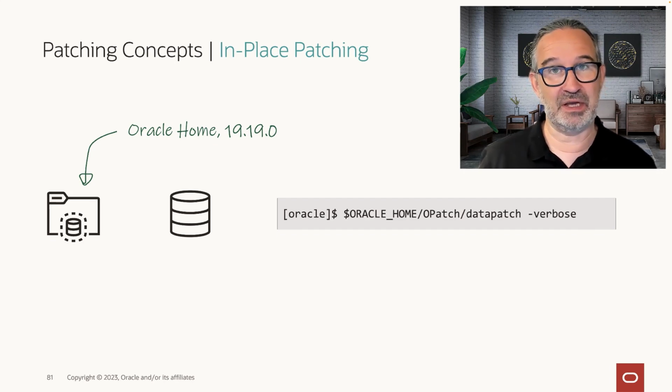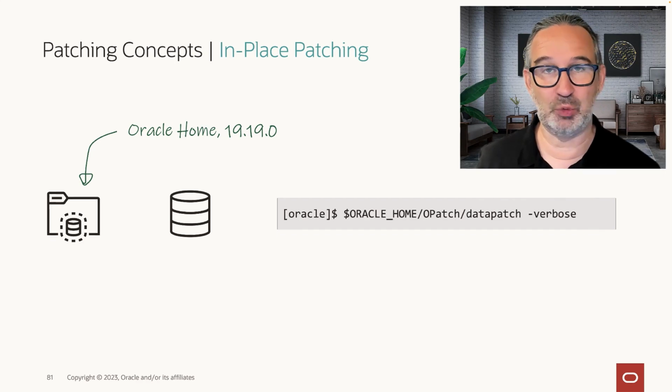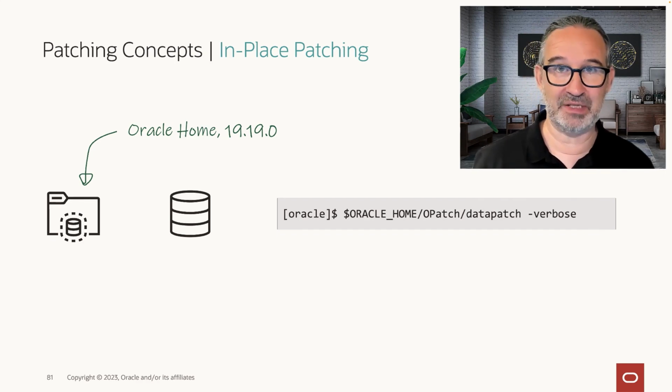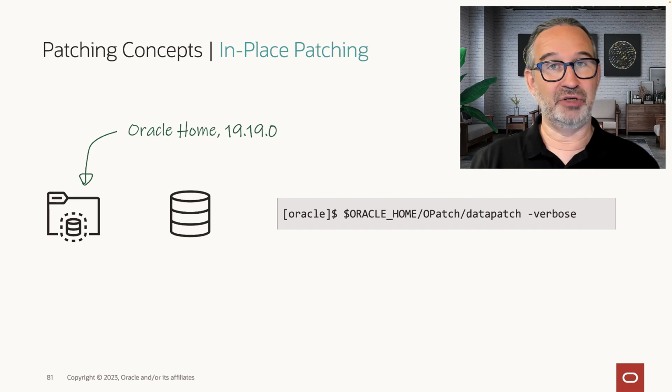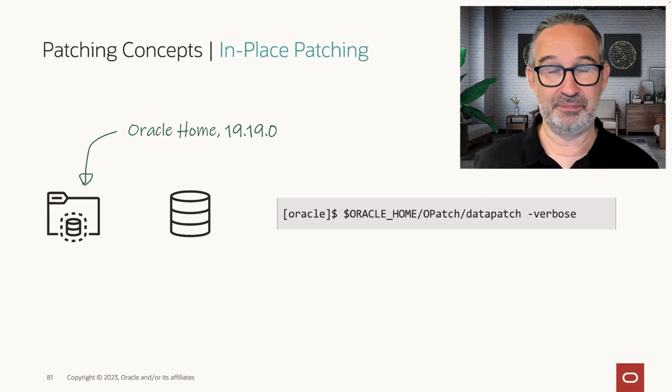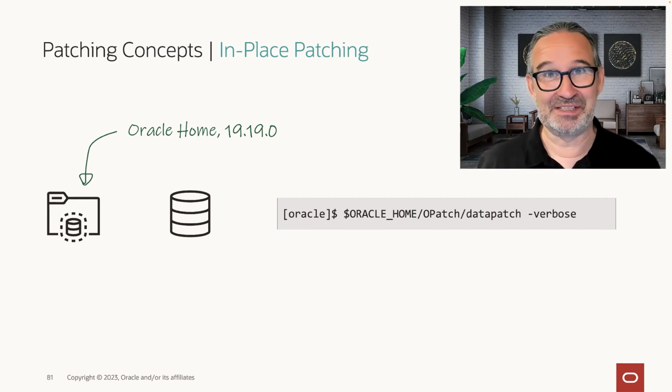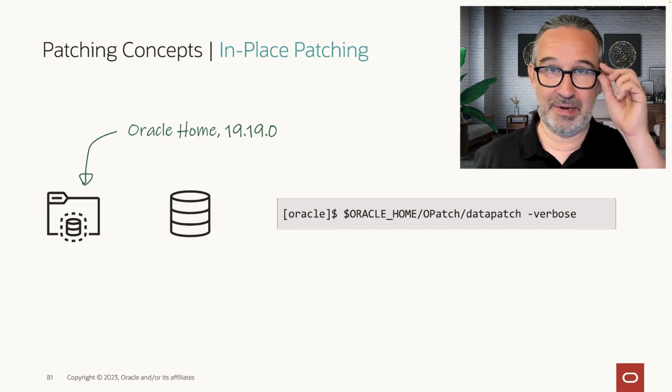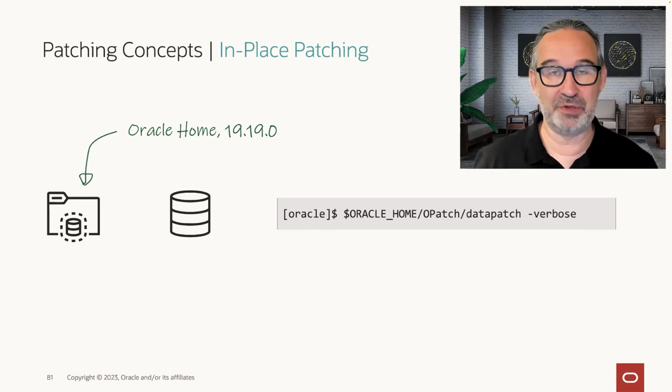Or if you decide after a short while you would like to go backwards, you have to stop your database again, remove everything, and make sure it's 19.18 afterwards, so roll back the patch. Especially when you have one-off patches, this can become a really interesting way of going backwards. And then you need to bring up your database again and run datapatch -verbose, which does the right thing, but the downtime is really high.